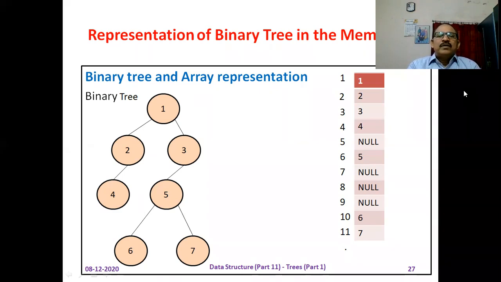So to store a tree of height h with the help of an array, we need 2 to the power h plus 1 minus 1 memory locations, that is 2 to the power 3 plus 1 minus 1, that is 2 to the power 4 minus 1, that is 16 minus 1, 15. So 15 memory locations are required to store a tree of height 3.